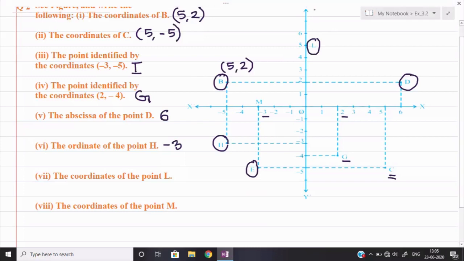Now one thing remember, if any point lies on a particular axis, one coordinate will always be 0. For example, if a point lies onto the y-axis, its x coordinate will be 0. And if a point lies onto the x-axis, then its y coordinate will be 0.